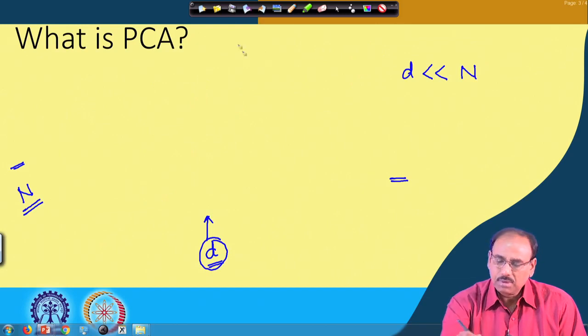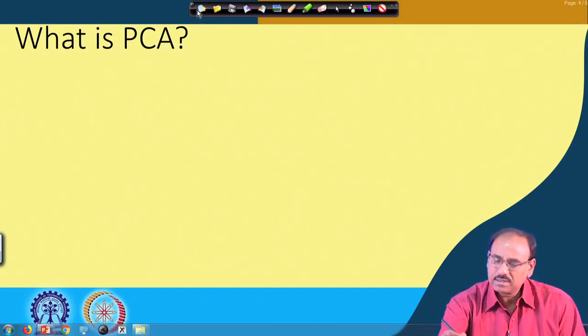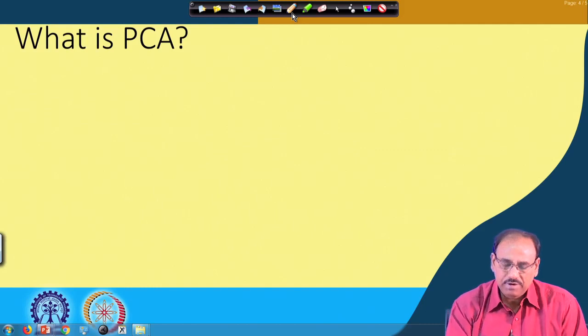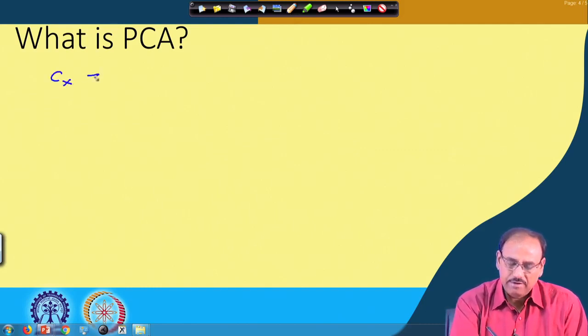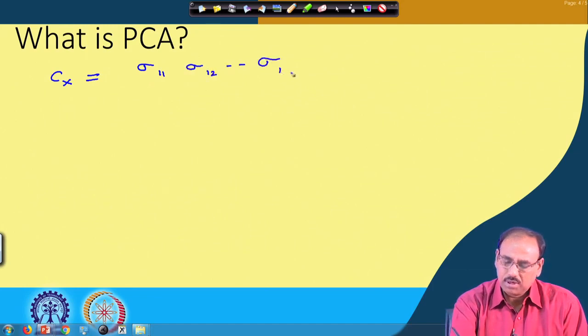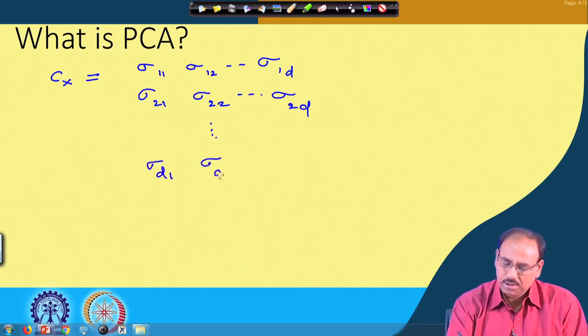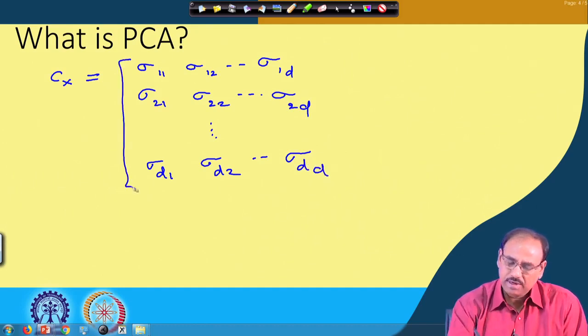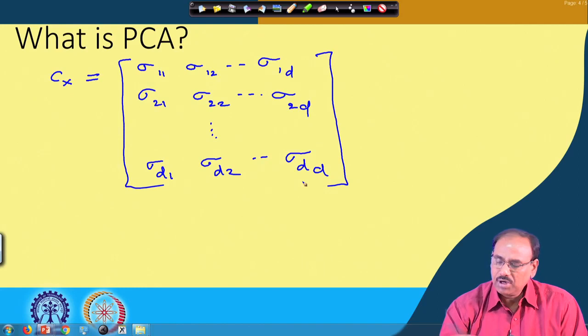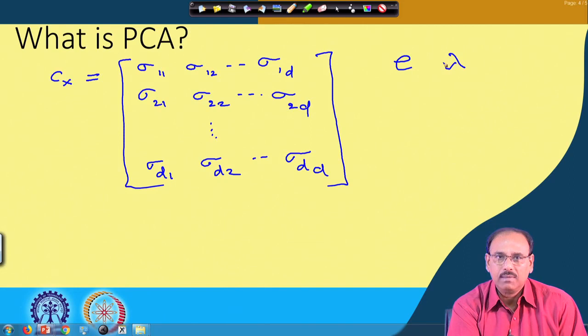So, how do you compute the eigenvalues and the eigenvectors? Given a covariance matrix Cx having sigma 1 1, sigma 1 2 up to sigma 1 d, sigma 2 1, sigma 2 2 up to sigma 2 d, and so on, sigma d 1, sigma d 2 up to sigma d d. So, this is my covariance matrix, and I want to compute the eigenvectors e_i and the eigenvalues lambda.